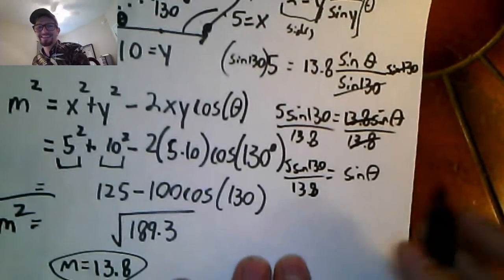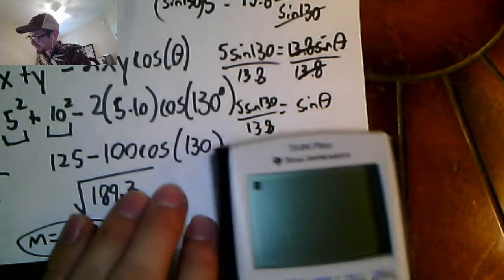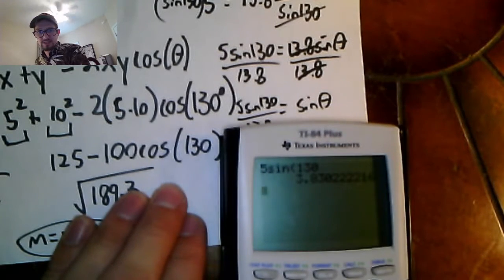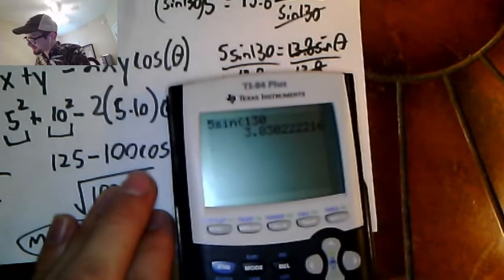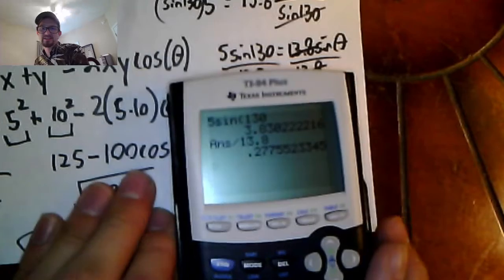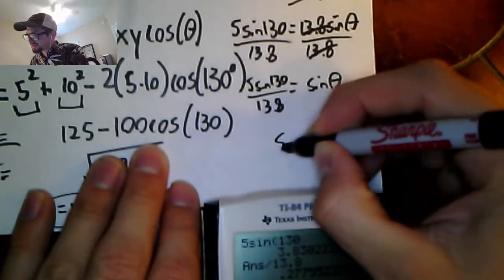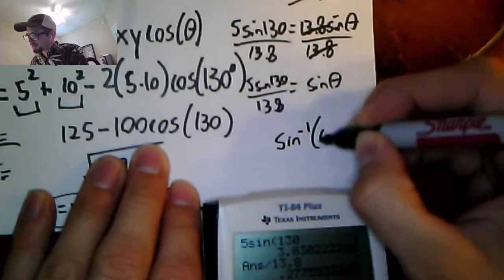Last thing I have to do is type this in my calculator. So I have 5 sine 130, that gives me that, divided by 13.8. I got some ugly number like this. Now, to get rid of my sine, I have to take the inverse sine of my answer.